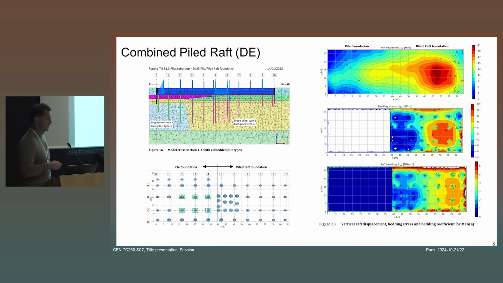That is only occurring in the pile raft position. So it's not a conventional way of working, but the Eurocode now provides you with more guidance on this way of designing.